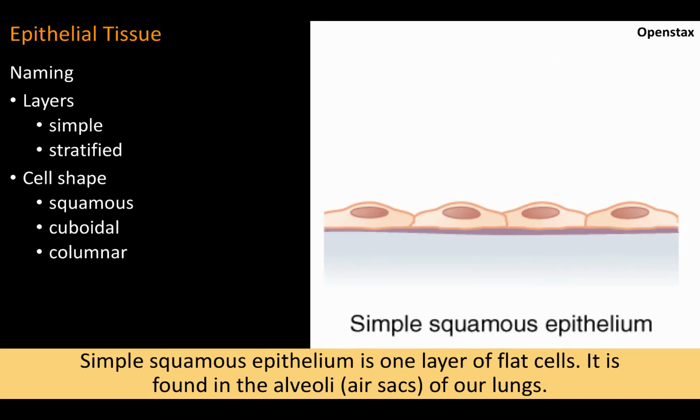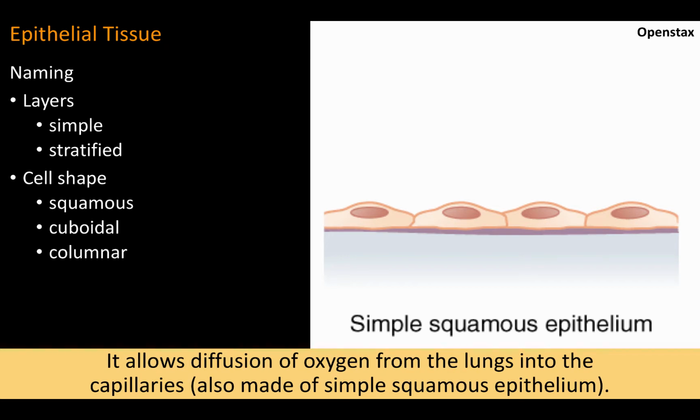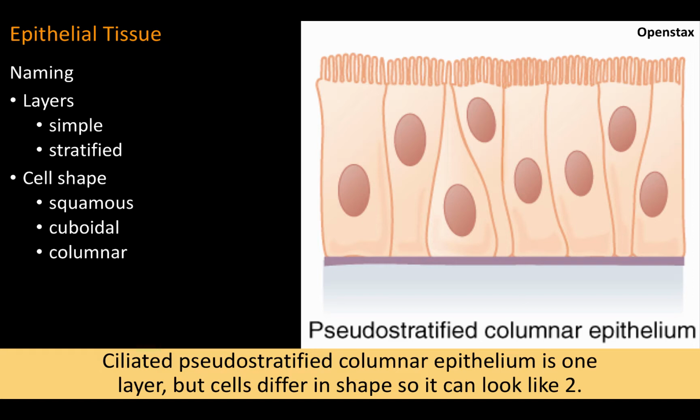Simple squamous epithelium is one layer of flat cells. It is found in the alveoli, air sacs, of our lungs. It allows diffusion of oxygen from the lungs into the capillaries, also made of simple squamous epithelium. Ciliated pseudostratified columnar epithelium is one layer, but cells differ in shape so it can look like 2.